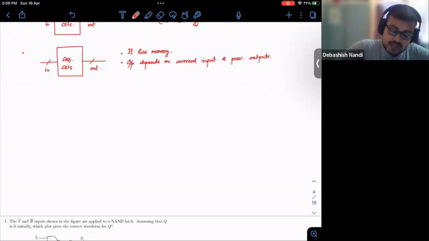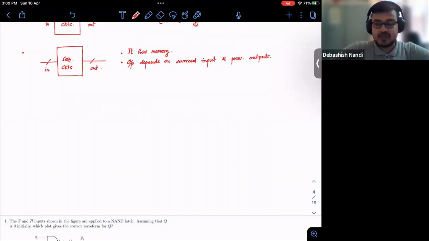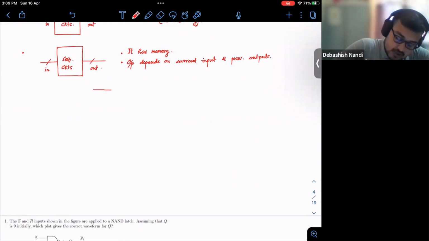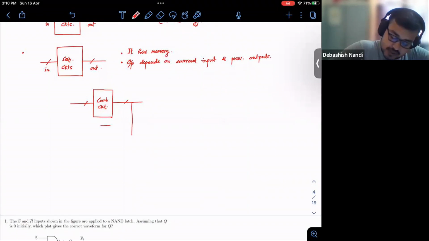So how does it work? Basically, behind the sequential circuits, there are combinational circuits with some memory function. If I were to draw, this is your combinational circuit. Let's say these are your inputs, these are your outputs. Suppose you have some memory action in your feedback path.